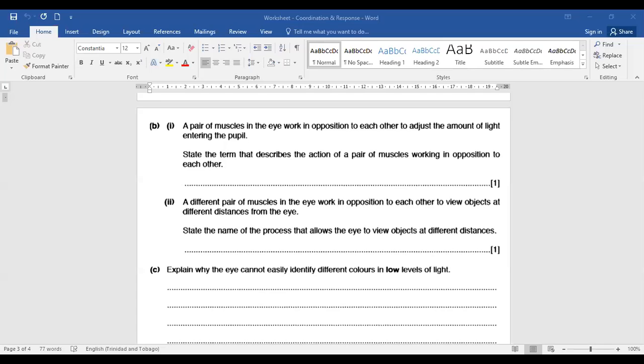And when your circular muscles contract, your pupils get smaller. But when your radial muscles contract, it allows your pupil to get wider, because your circular muscles, which are around the eye, will be relaxing. So it will allow your pupil to expand. All right, so those are antagonistic muscles. You all understand?